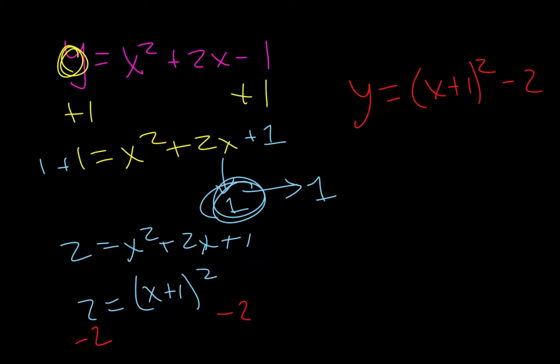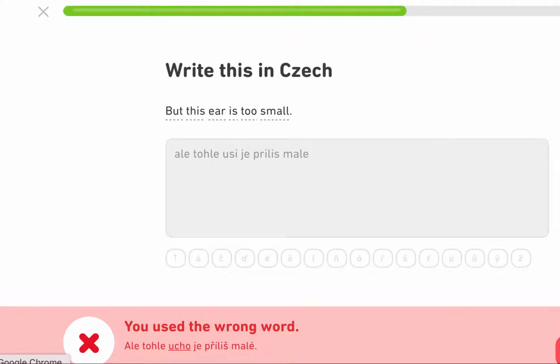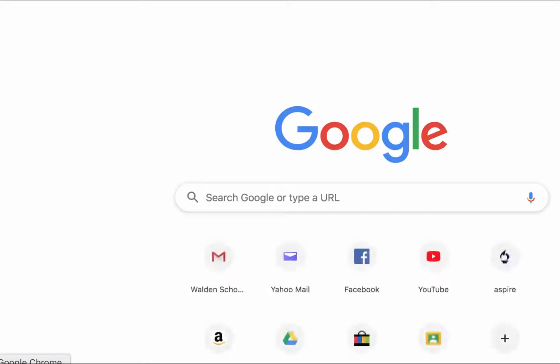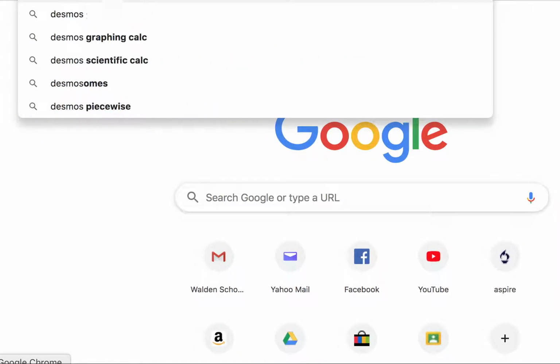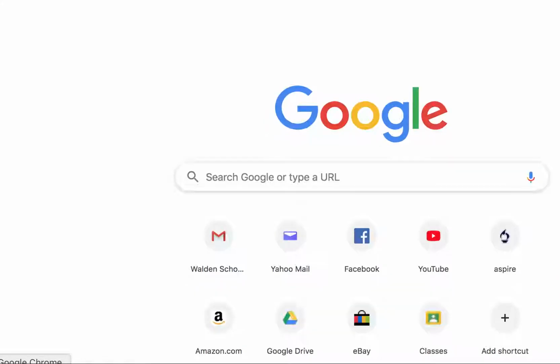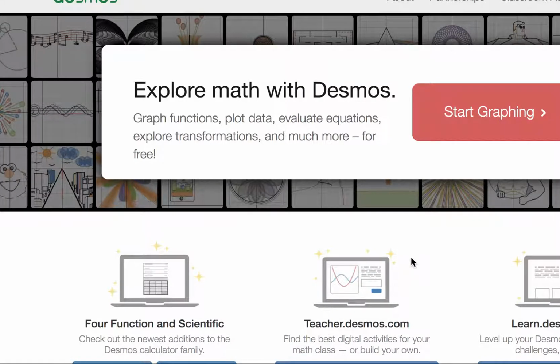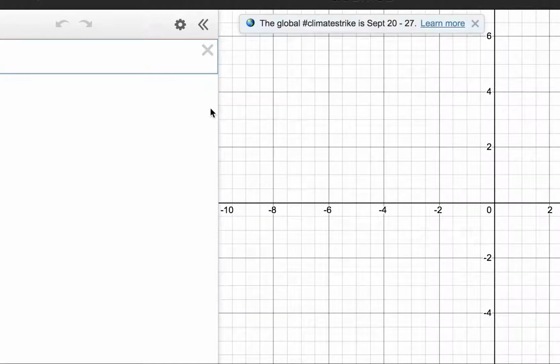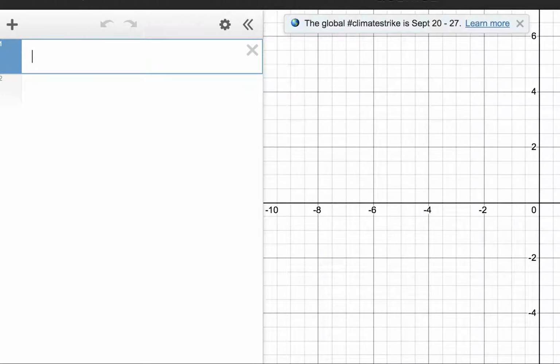Now, to prove it to yourself, I'm going to graph this. I think I'm actually going to use Desmos instead. So you just go to desmos.com. Try to move this into the screen.